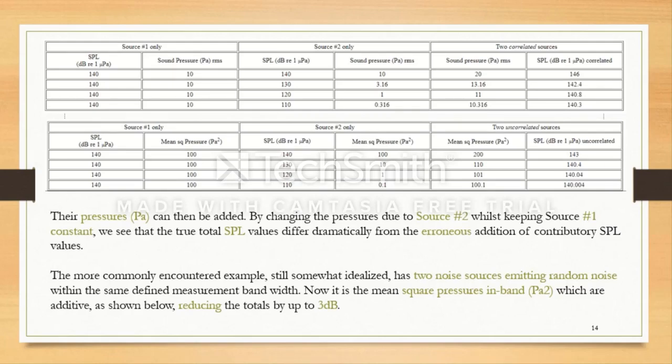For each row, 142.4 versus 140.4, about 3 decibel also difference. So we talk about these things here.